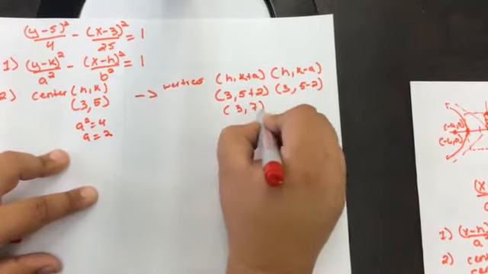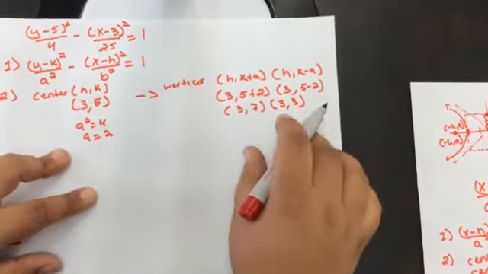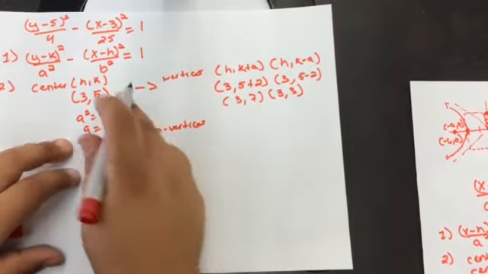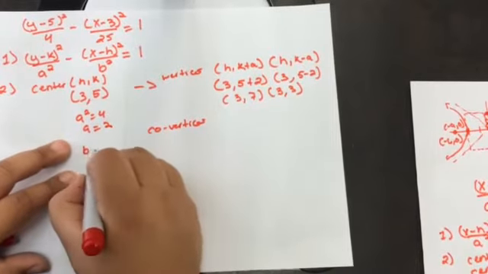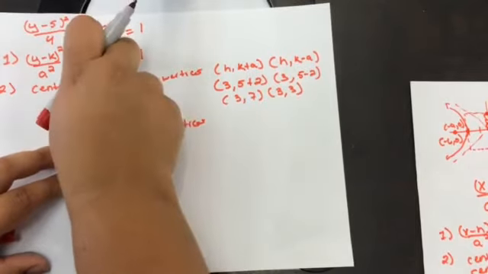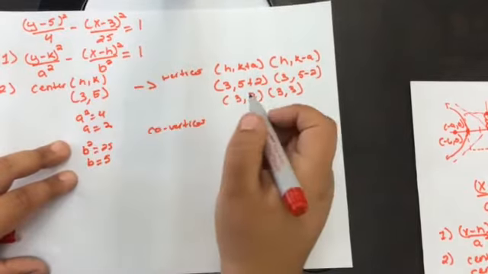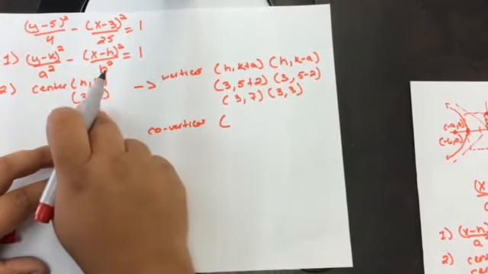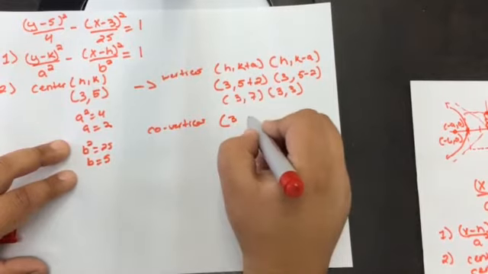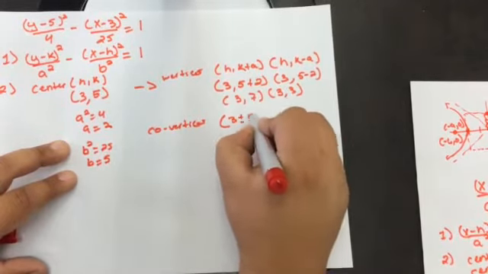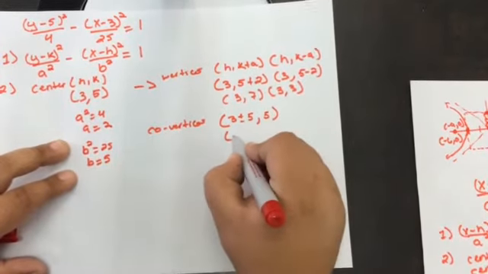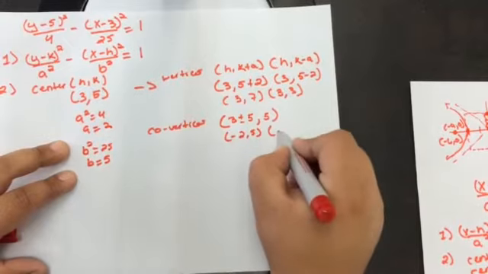So it's 3 and 7 and 3 and 3. For the co-vertices, our b squared is 25, so b equals 5. And the movement is happening on your x-axis. So it's centered at 3 and 5, so now it's going to be 3 plus or minus 5, and your y stays the same. So your points are at -2 and 5 and 8 and 5.